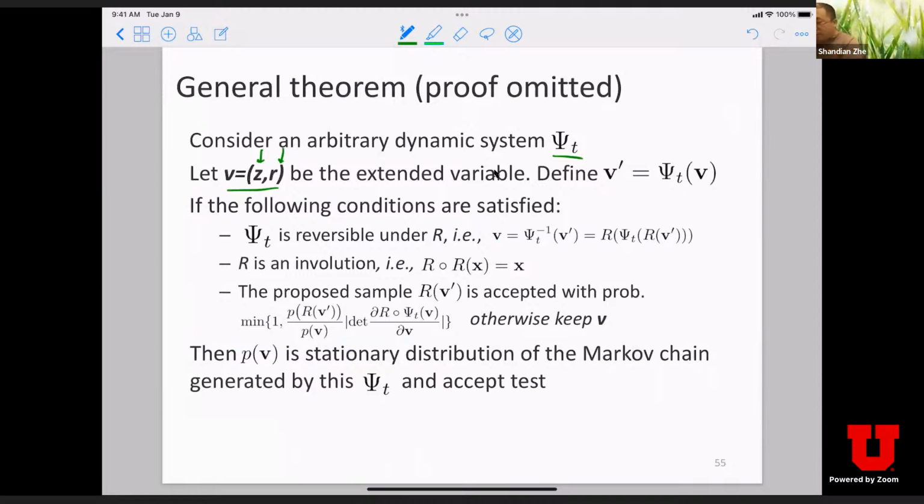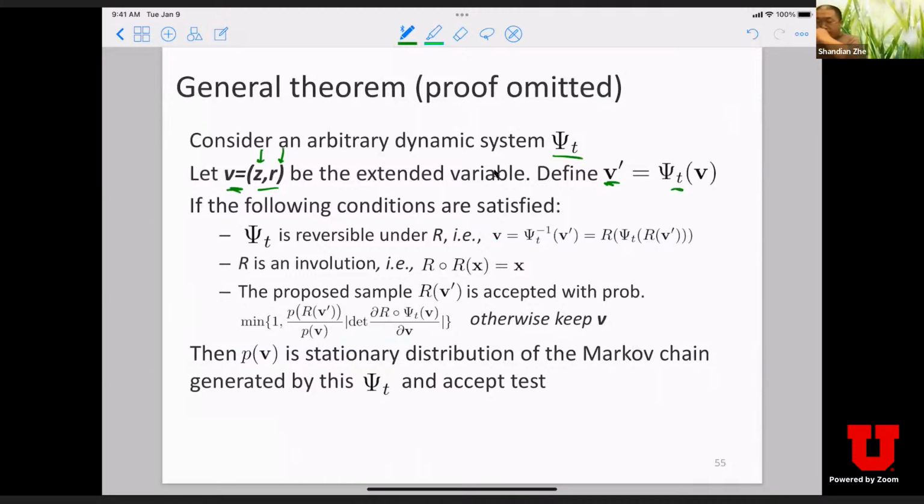Suppose this dynamic system is initialized with v, and after a certain amount of time t of evolution through the dynamic system psi, I get my new state v prime.